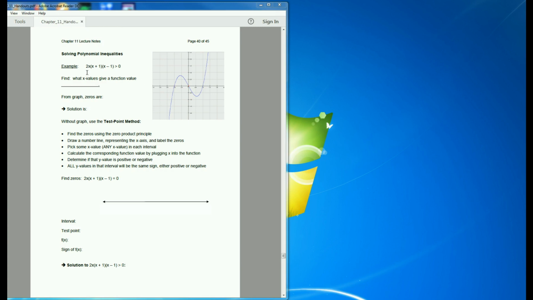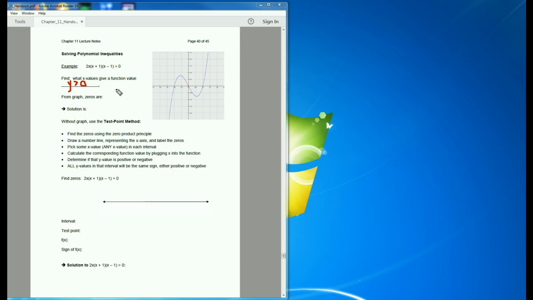The polynomial is 2x times x plus 1 times x minus 1. And we want to know, where is that function value greater than 0? So find which x values give a function value y that is greater than 0.